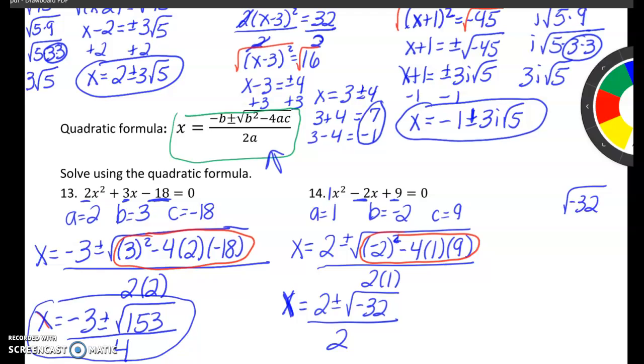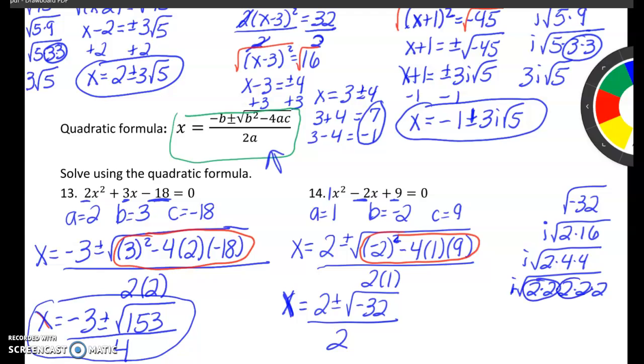Now we know that the negative inside is going to become an i on the outside, and then I'm going to break down 32. So I know 32 is 2 times 16. I know that 16 is 4 times 4, and I know that each 4 is going to be 2 2s. So I have the 2 that I had, and then another 2 for that 4, and another 2 for that 4.